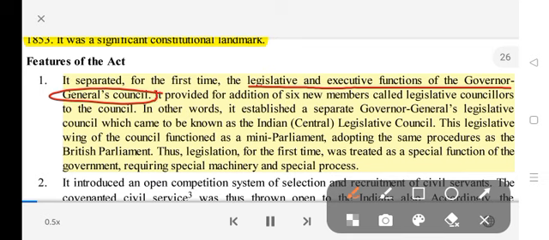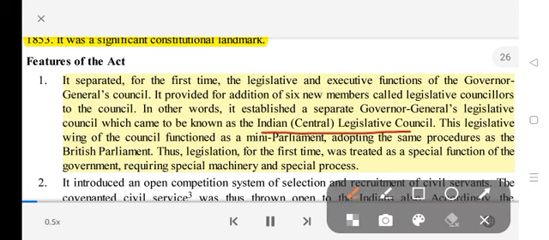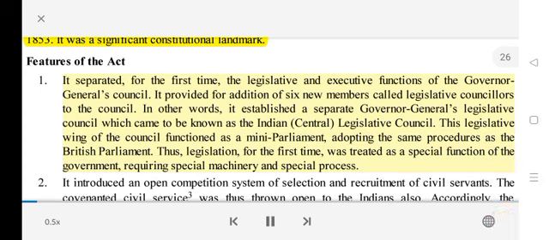It provided for addition of 6 new members called legislative councillors to the council. In other words, it established a separate Governor-General's Legislative Council, which came to be known as the Indian Central Legislative Council. This legislative wing of the council functioned as a mini-parliament, adopting the same procedures as the British Parliament. Thus, legislation, for the first time, was treated as a special function of the government, requiring special machinery and special process.